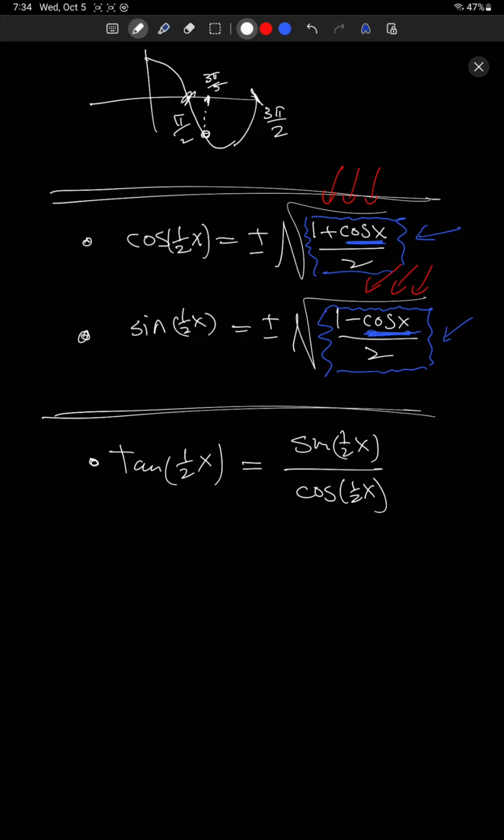So you're going to end up with an expression that is not in terms of tangent, but that's fine. The main point here is that you're able to get a trig function of half of an angle in terms of the trig functions of the full angle. So if you know tangent of 68 degrees, then you'll know tangent of 34 degrees.